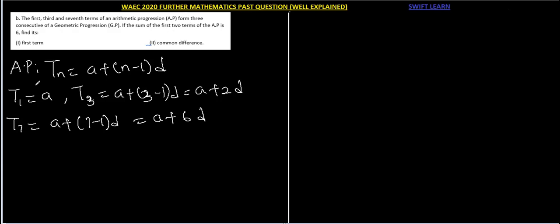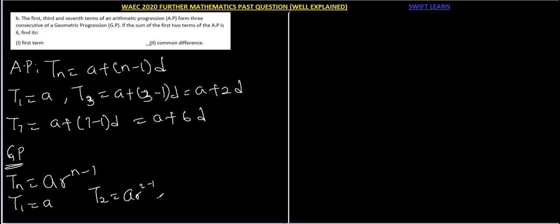Okay, so we are also told that they form the three consecutive terms of a GP. What is the formula for GP? GP is T of n equals ar to the power n minus what? 1. Alright, so T1 will be a as usual, while T2 will be ar to the power 2 minus 1, which is ar. T3 will be ar to the power 3 minus 1, which is what?